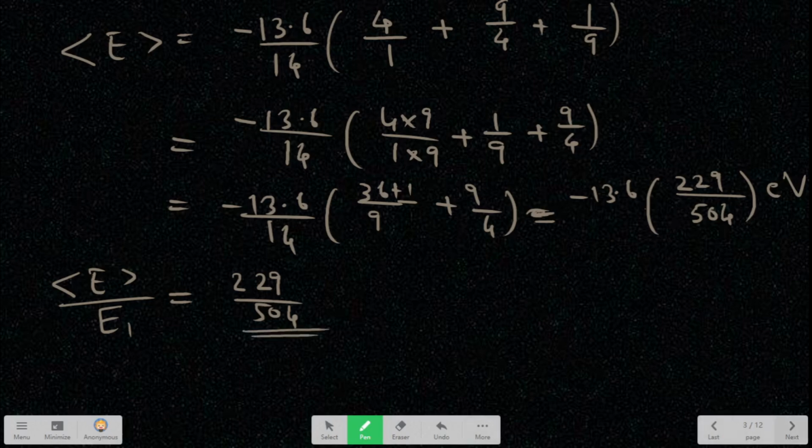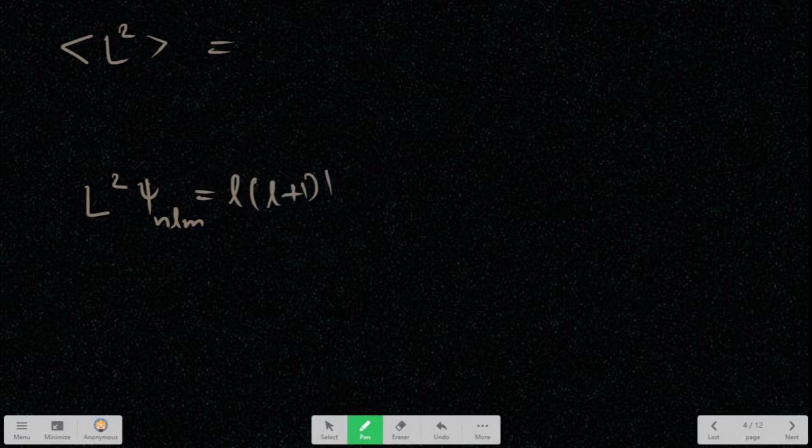Let's calculate the expectation value of L square. The eigenvalue of L square is, when L square acts on psi n L m, it gives you L into L plus 1 h bar square psi n L m.